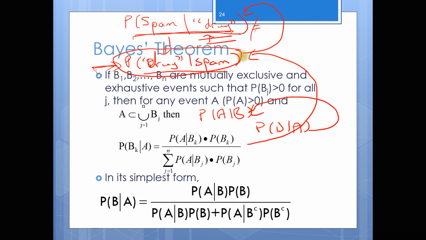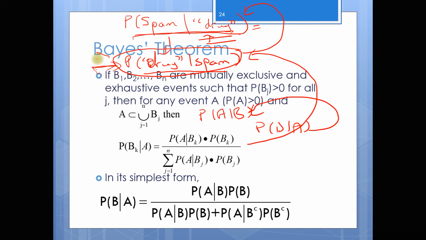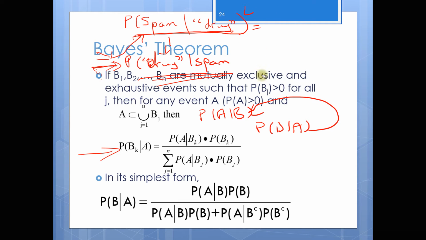These are not equal, but there is a way of evaluating it such that when you have evaluated that, you can get this. This is the Bayes theorem, which I'm going to explain now. Do not misunderstand me: this and this are not equal, but we can use this one to evaluate this one. How? This is what I'm going to explain now.